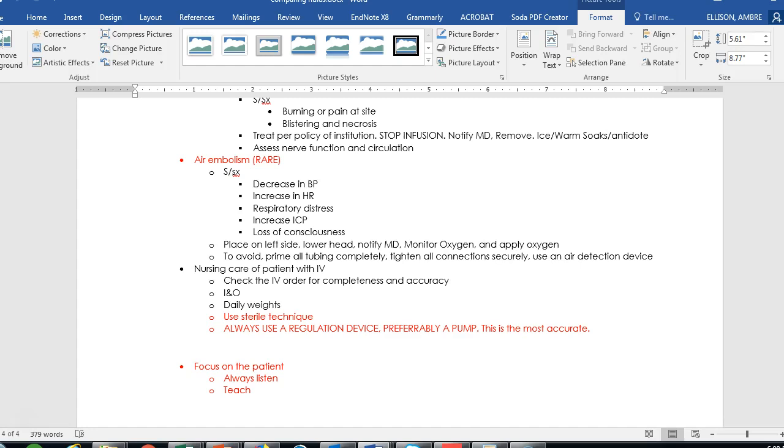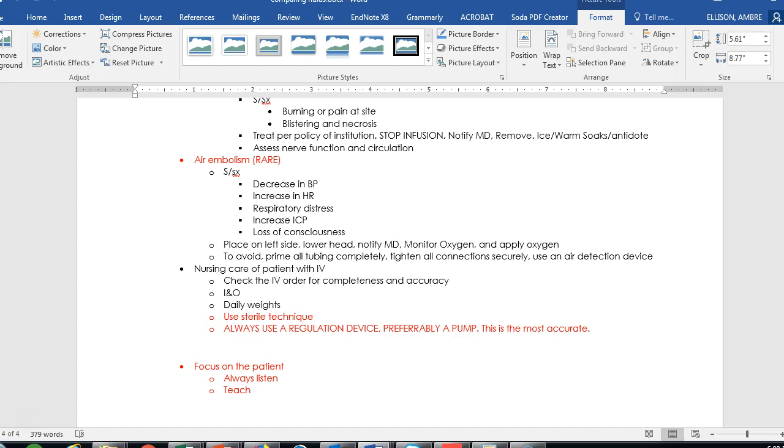So nursing care of the patient with an IV. Check the IV order for completeness and accuracy. I's and O's, daily weights. Always use sterile technique, and always, always use a regulation device, preferably a pump. That is the most accurate.